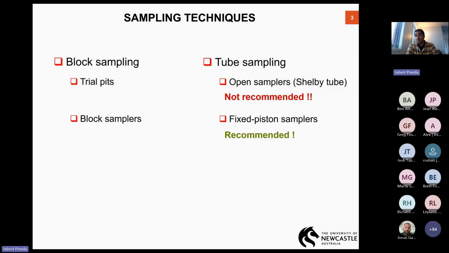And then I will try to promote the use of fixed piston samplers. I'm not sure how common fixed piston samplers are in Legion Drilling jobs, but this is becoming quite standard practice in Australia as well.